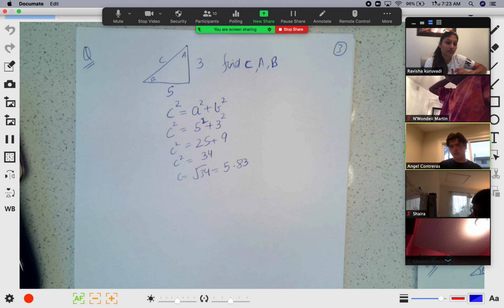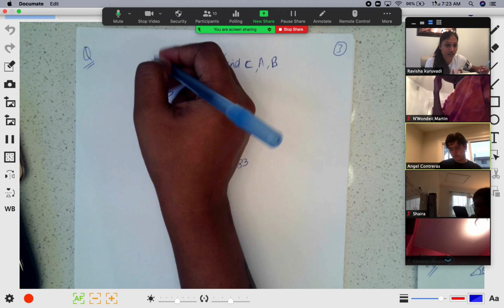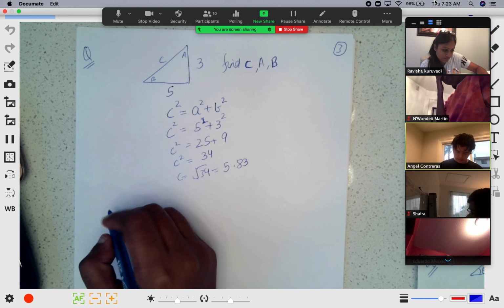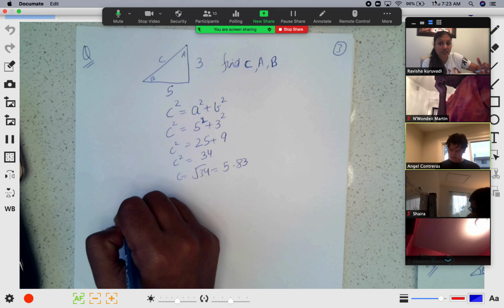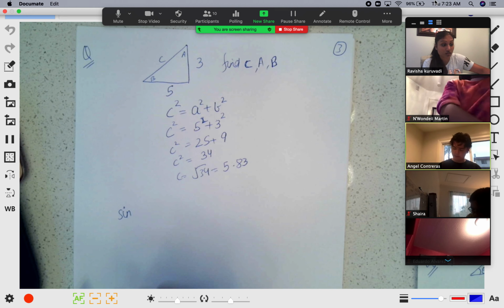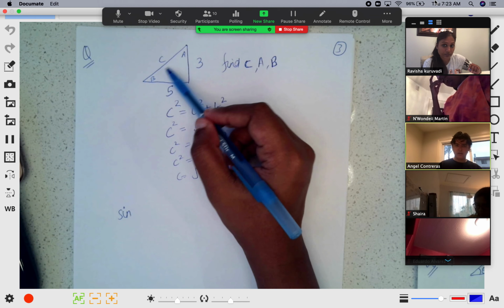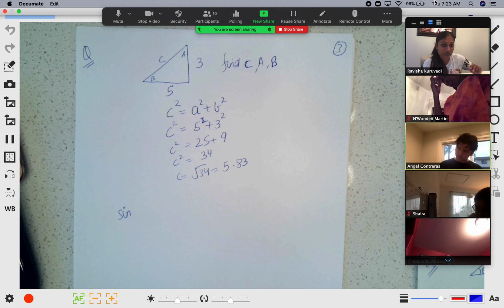Use any of them, right? Since you know your C now, you can use your sine. So sine theta equals... There is no theta. There is A or B. Which one do you want to consider? If we're doing sine, we might as well use any. We do A. Okay, you want to do A.